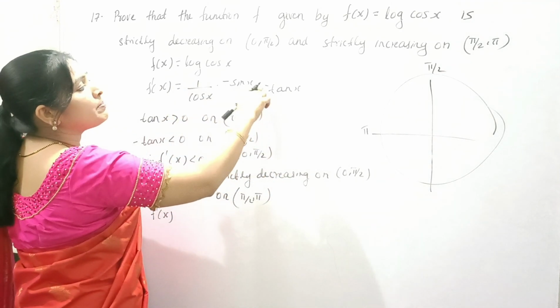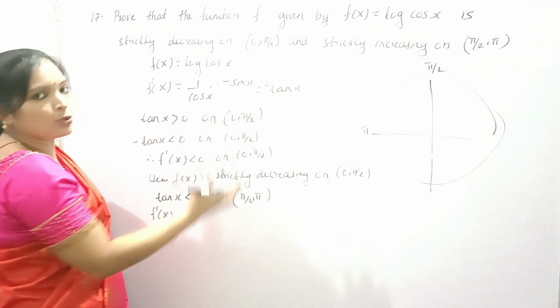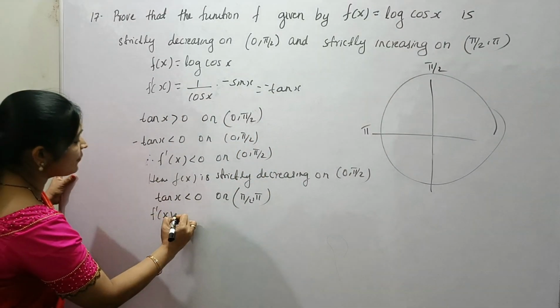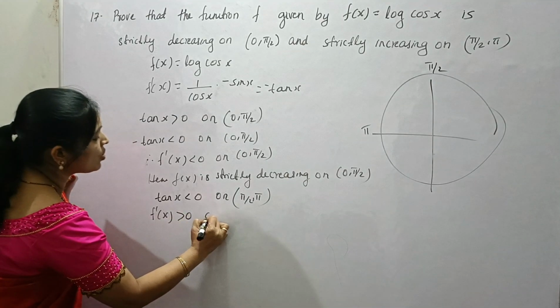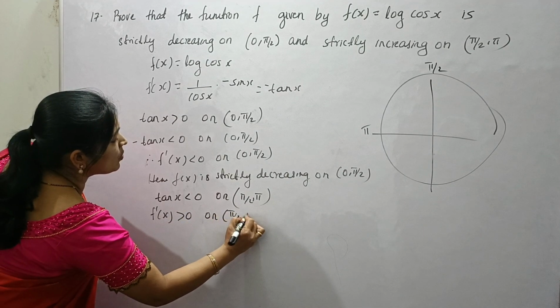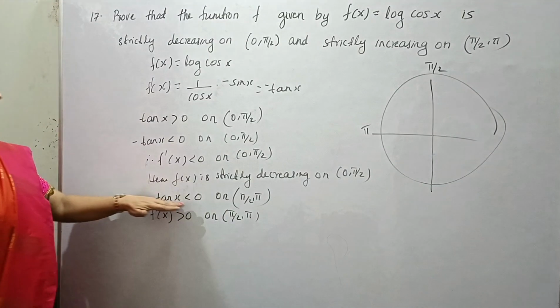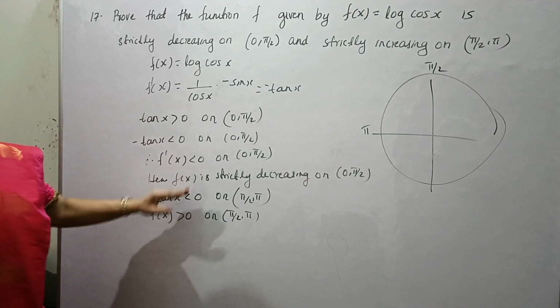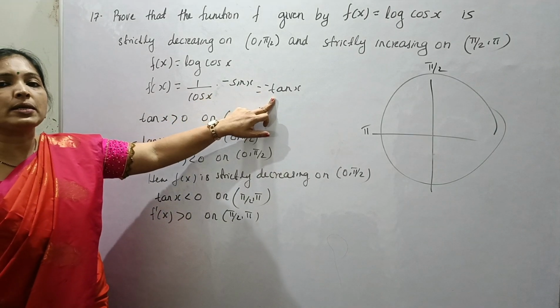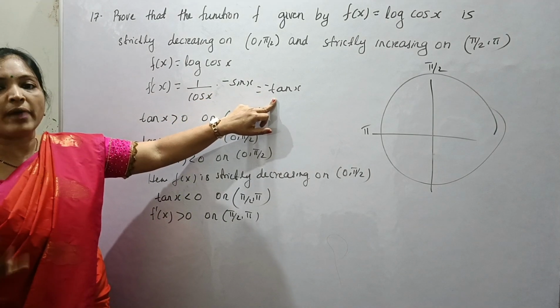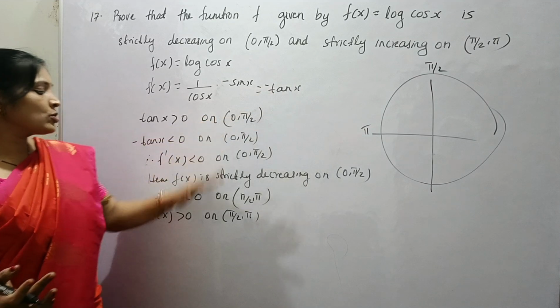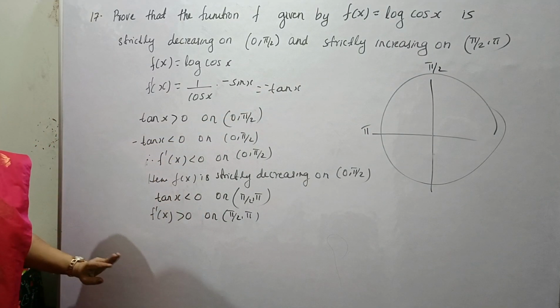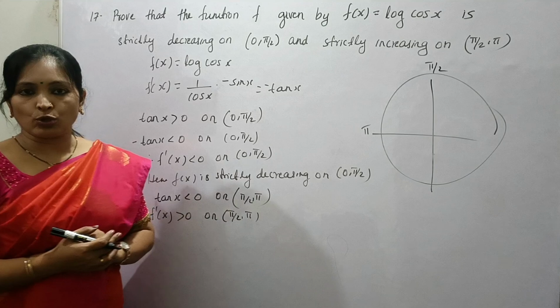So f dash of x is minus into minus, that is positive. So here f dash of x is greater than 0 on pi by 2 to pi. Understood? Tan x is less than 0, but our f dash of x is nothing but minus tan x. So minus of minus is plus, so greater than 0. F dash of x is greater than 0 on the interval pi by 2 to pi.